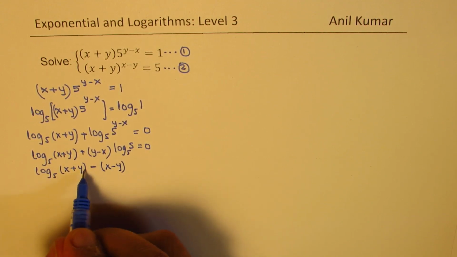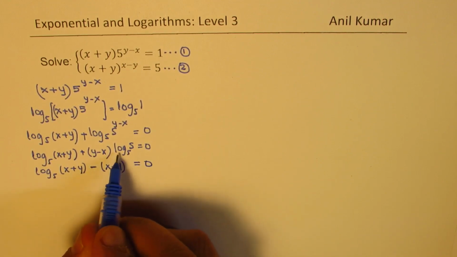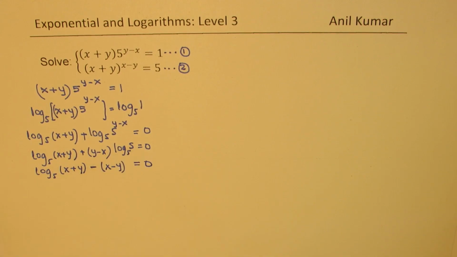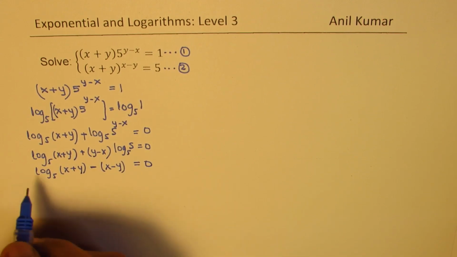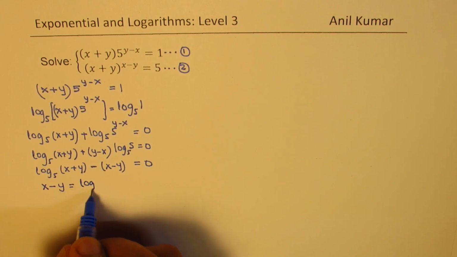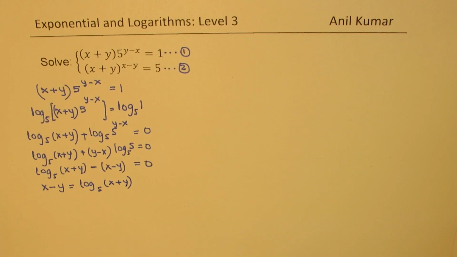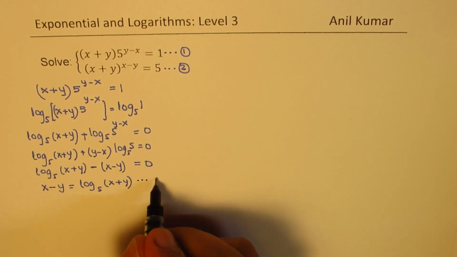So we'll take y minus x common, rather write it as x minus y equals 0, since log to the base 5 of 5 is 1. So that gives you one equation as x minus y equals log to the base 5 of (x plus y), correct? Let's call this our equation number 3.